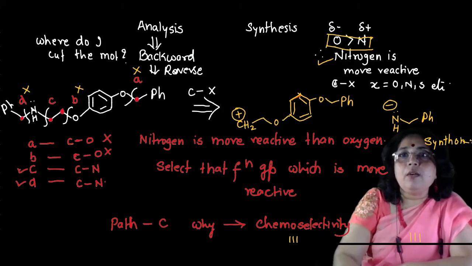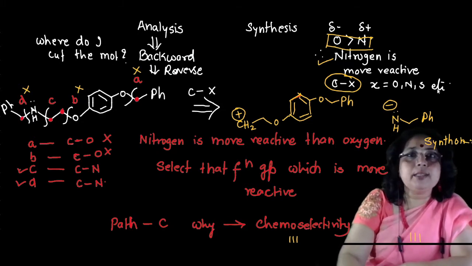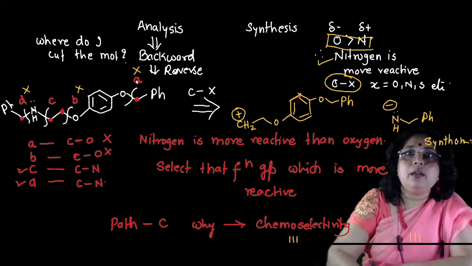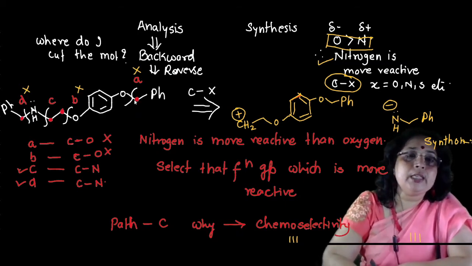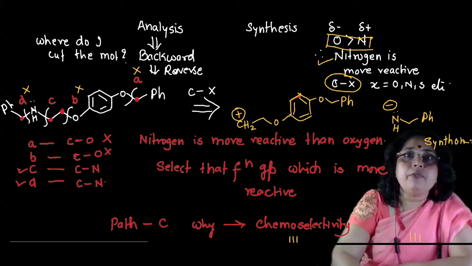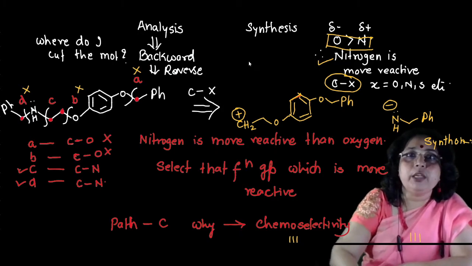All right. Now again we are considering the C-X disconnection over here where X is equal to oxygen, nitrogen and sulfur. Now with this condition, let us focus how many centers are available for the disconnection. Now here I have already labeled the various centers of disconnection over here.